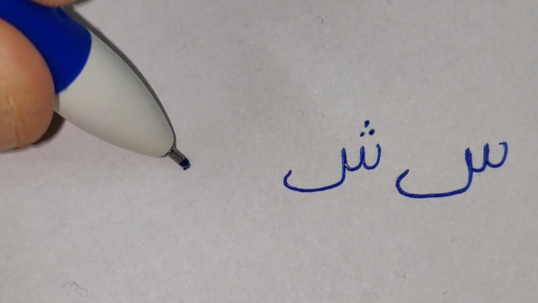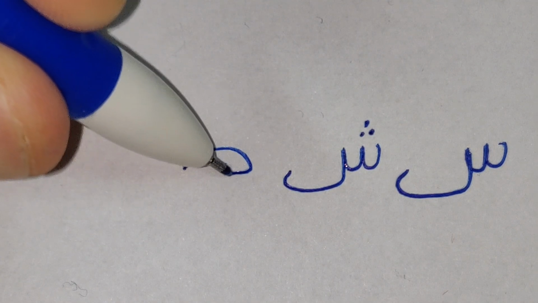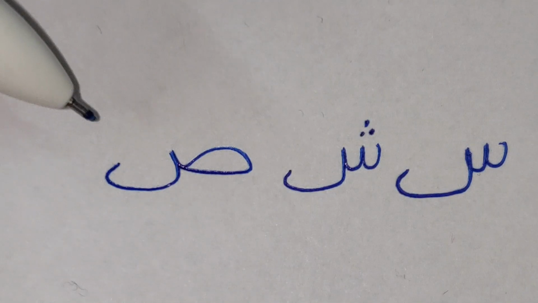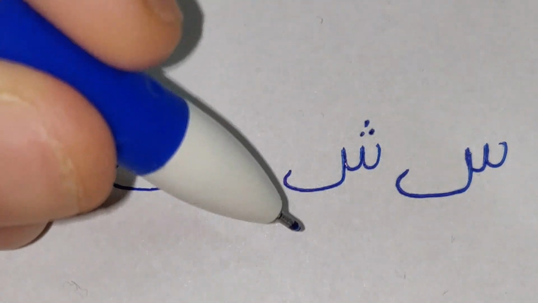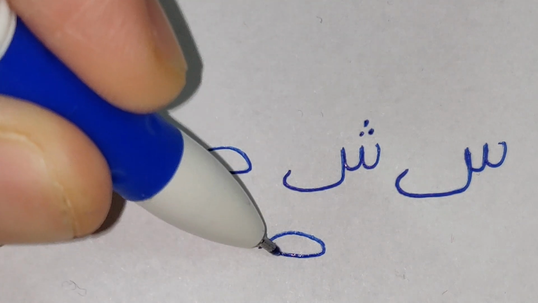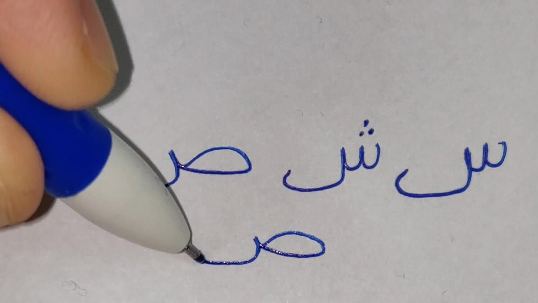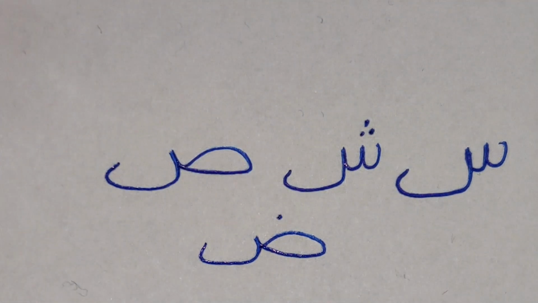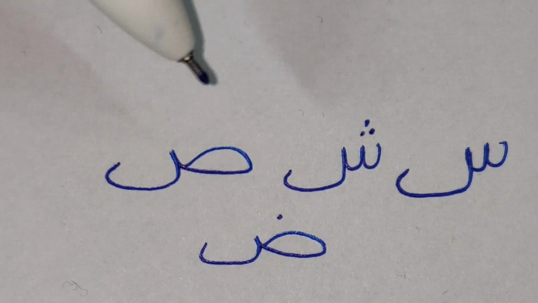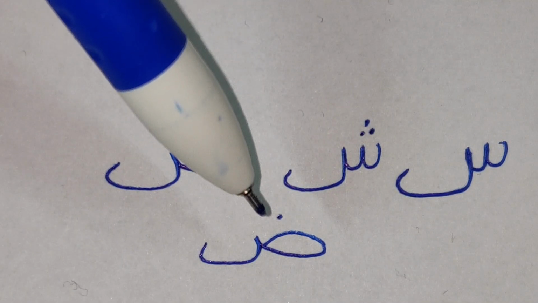Sod has a larger curve, similar to the letter C. And dad is the same, but it has 1 dot above. So once again, we have sin, shin, sod, dad.